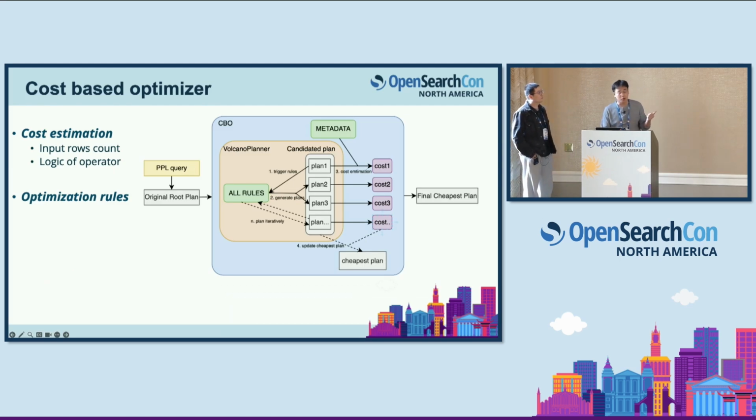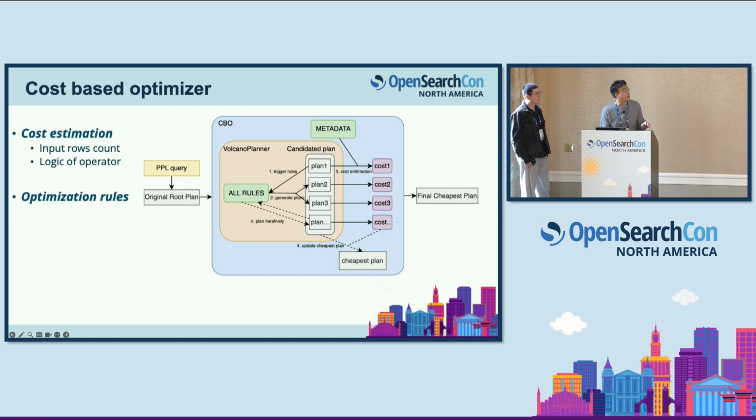The first part is about leveraging the Calcite optimizer to accelerate our PPL queries. As mentioned above, Calcite has its advantage in its mature cost-based optimizer. The cost-based optimizer is a mechanism to find the execution plan with the lowest cost for a given query. First of all, since we talk about the cost of a plan, we need a cost estimation mechanism, usually based on metadata like the input row count and the calculation logic of each operator.